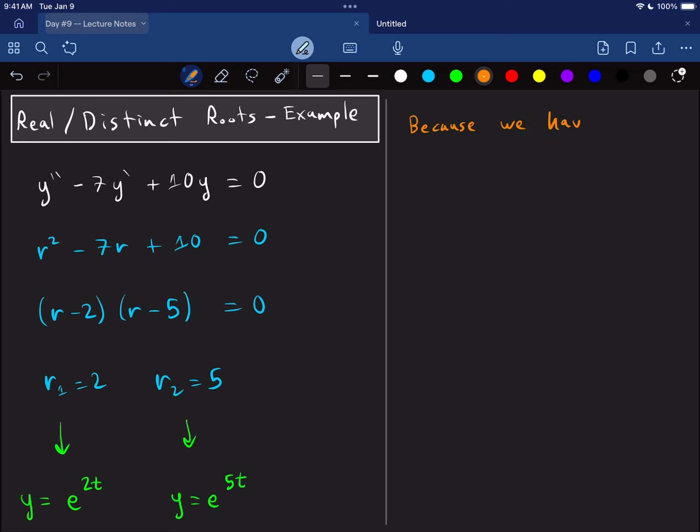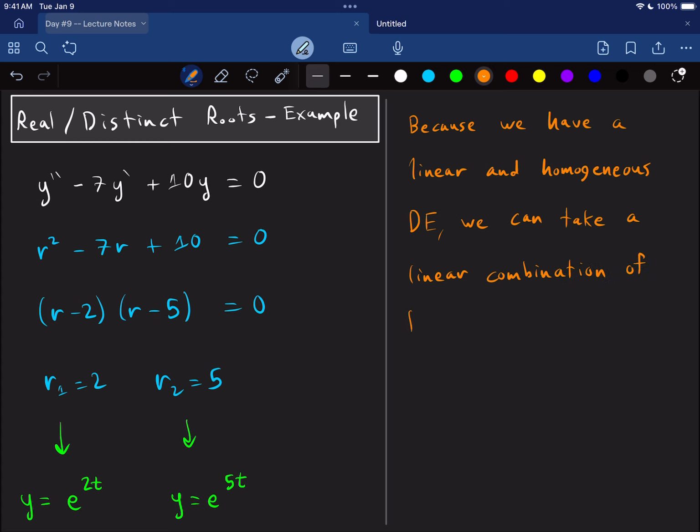Because we have a linear and homogeneous DE, we can take a linear combination of these solutions, and it is still a solution.